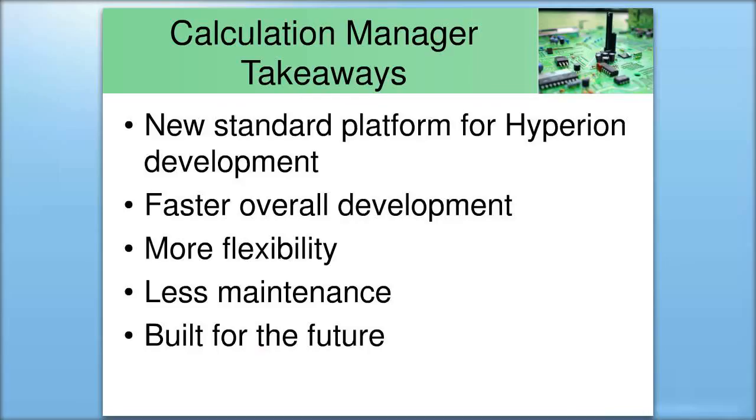We think it provides faster overall development with the ability to go through debugging and errors and warnings, and it also gives you some guidance on how you can improve your code. We also think it's a little bit more flexible. It's pretty easy to go back and forth between graphical view and your script view.